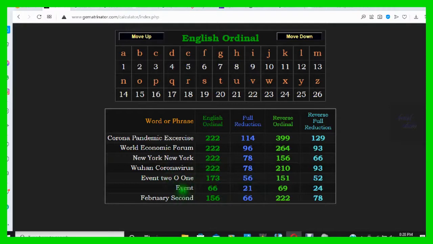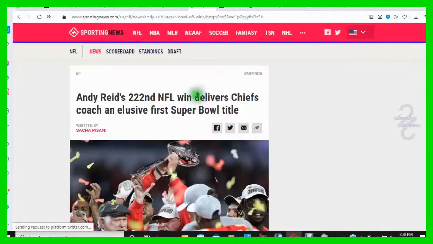Now, speaking of events, all of this was going on at the time of year 2020, which, I always say, everything keeps being tied to sports. And year 2020 was Super Bowl 54. And Super Bowl 54 was played on February the 2nd, which also has a gematria of 222. Not only that, Andy Reid got his 222nd win.